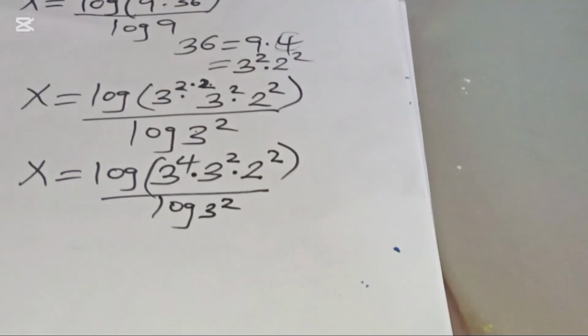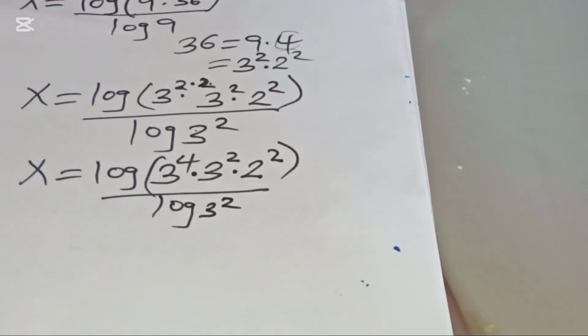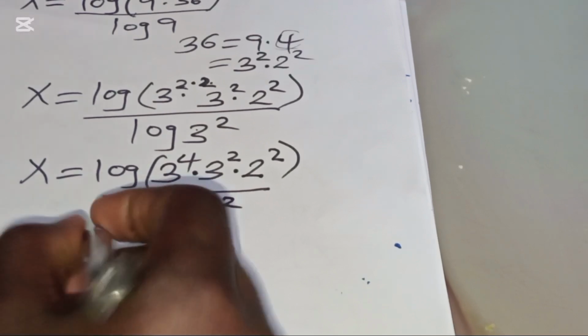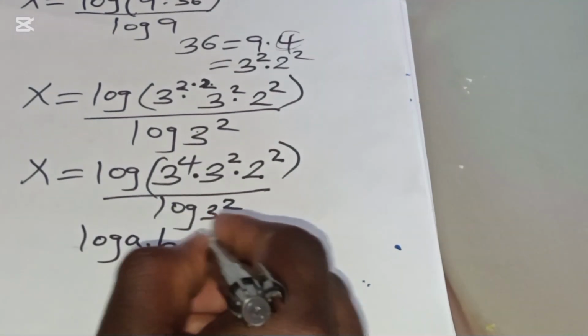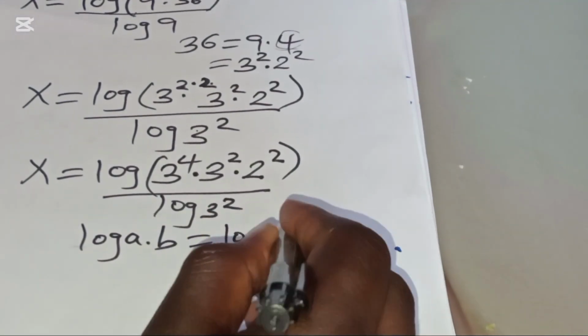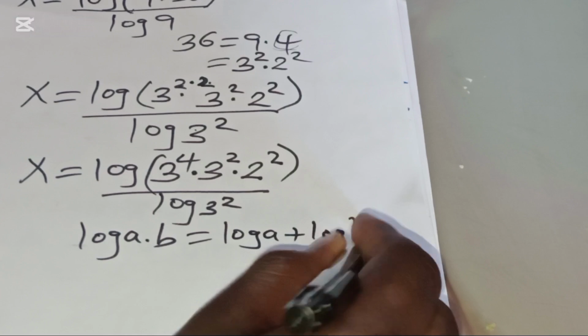Okay, so log 3 to power 4 multiplied by 3 to power 2 multiplied by 2 to power 2, actually this is in the form of log a multiplied by b, which is expressed as log a plus log b.